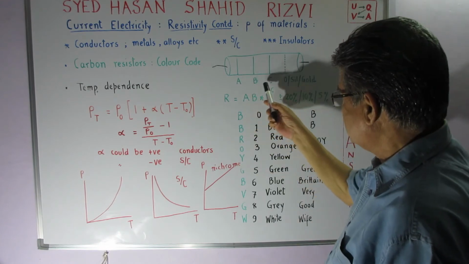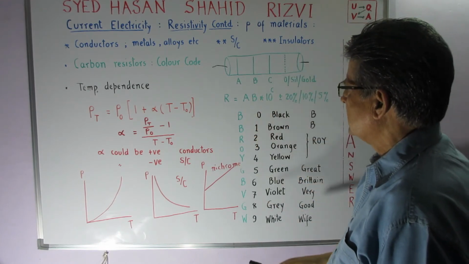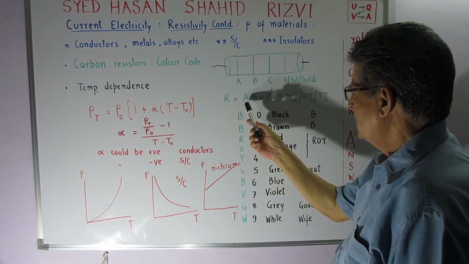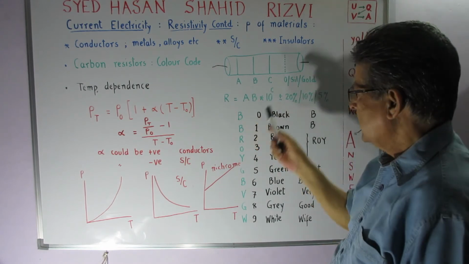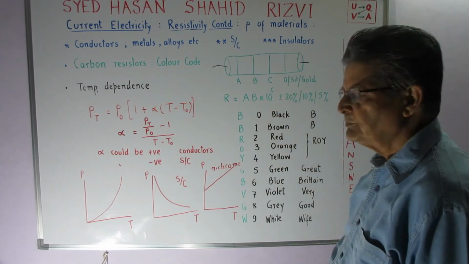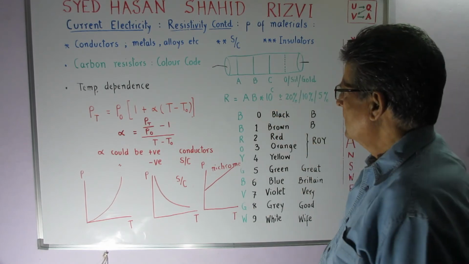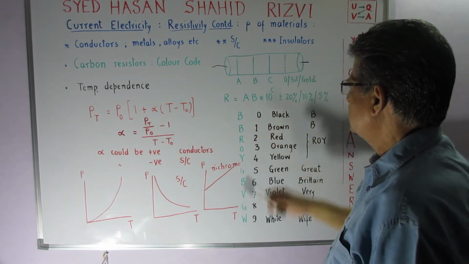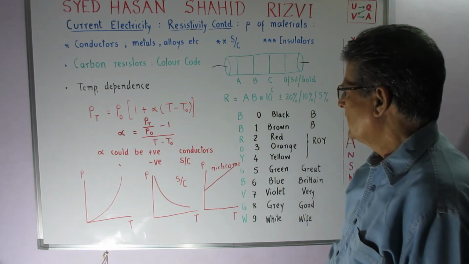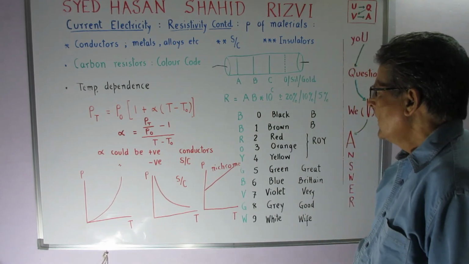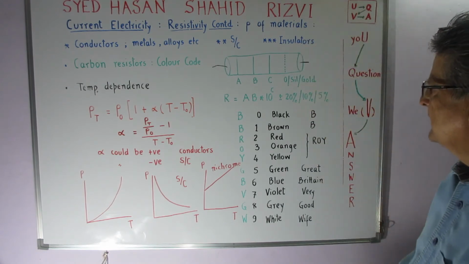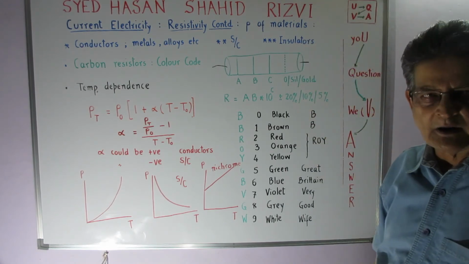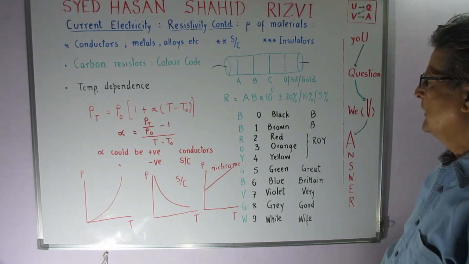So when we have these colors, any color like that, we write it like 23 into 10 to the power of 6, 2 into 10 to the power of 4, like that, etc. And these colors indicate the accuracy level, which is called tolerance.